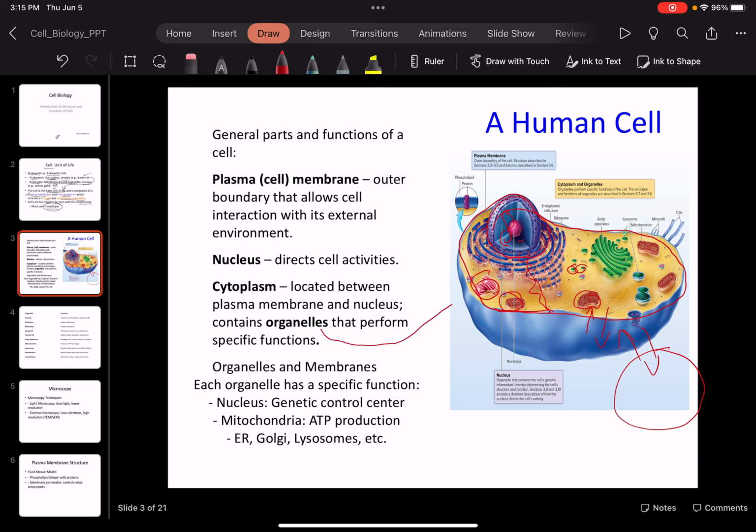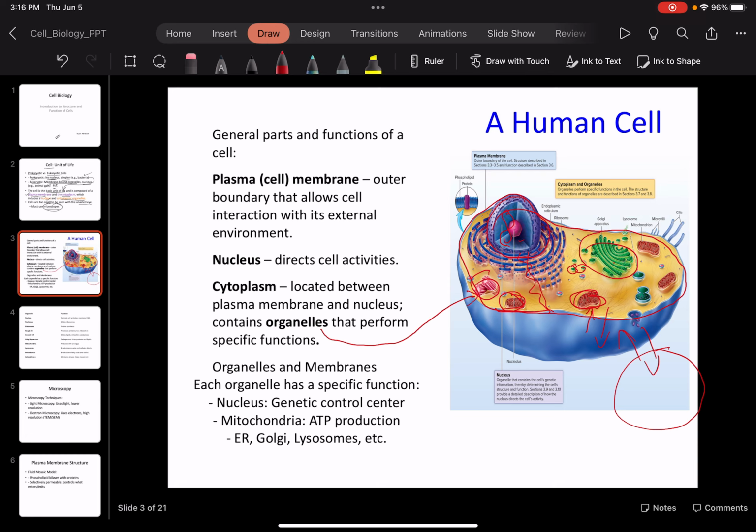Organelles is a general name for the things you see inside the cytoplasm. The cytoplasm has a jello-like consistency. How many of you have had jello before? That consistency is not liquidy, it's not too solid. Think about jello with fruits inside.